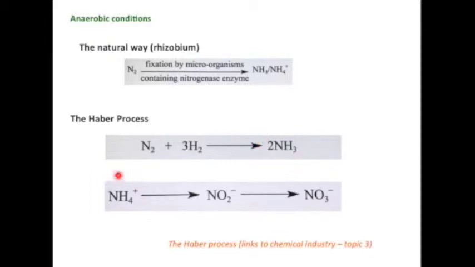We then get the NH4 plus ion being converted into the NO2 minus ion and back to that nitrate ion that we saw before. Just a note about where else this links in the subject outline. You'll see this again in topic 3 when we talk about chemical industry, and the Haber process is one of the processes that you need to be aware of in chemical industry.